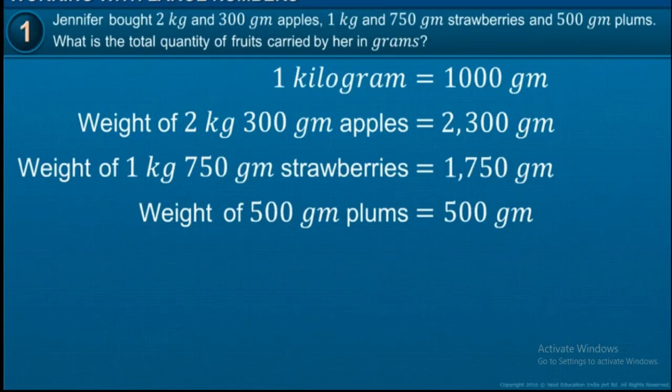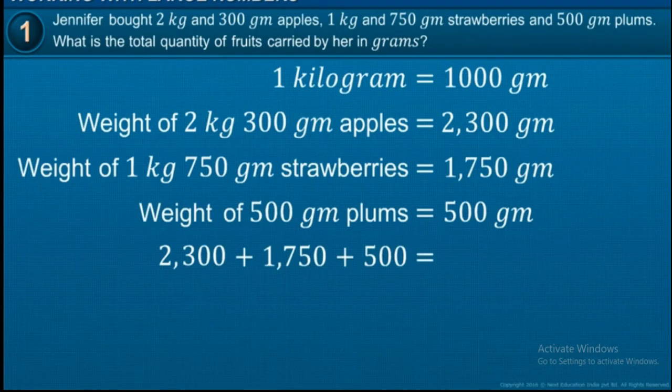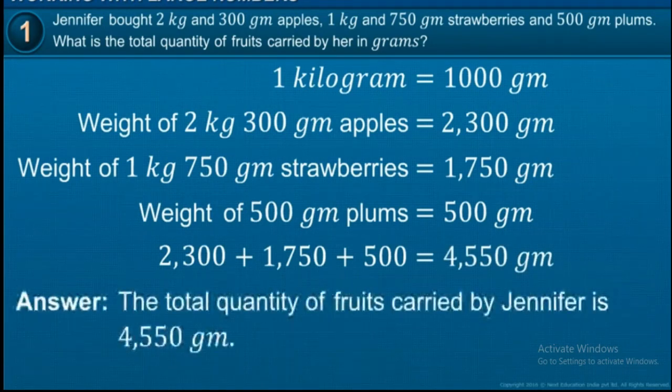We add the quantity of apples, strawberries, and plums to find the total quantity of fruits. Therefore, the total quantity of fruits carried by Jennifer is 4550 grams.